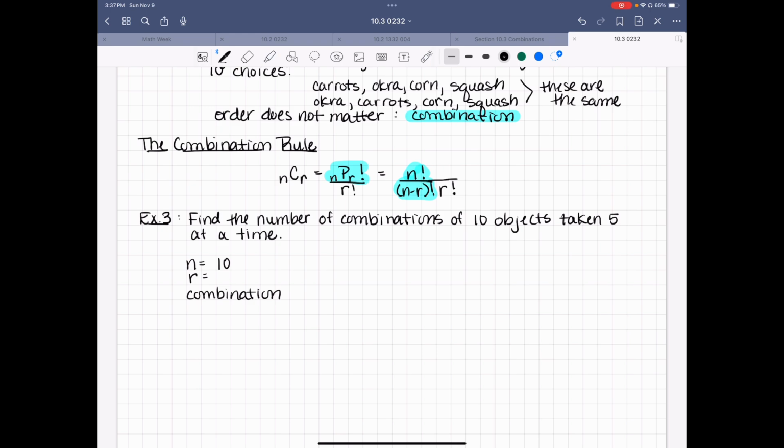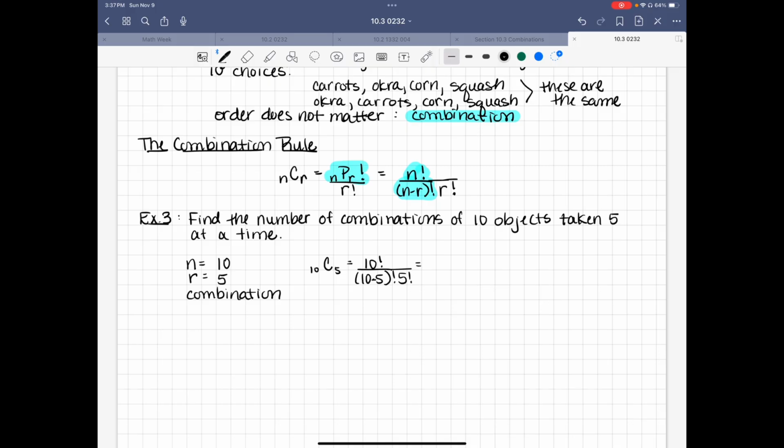And we'll talk about where that word choosing comes into play in a minute. So taking 5 at a time, r is 5. So I have 10 choose 5. That's going to give me 10 factorial over 10 minus 5 factorial, all times 5 factorial.